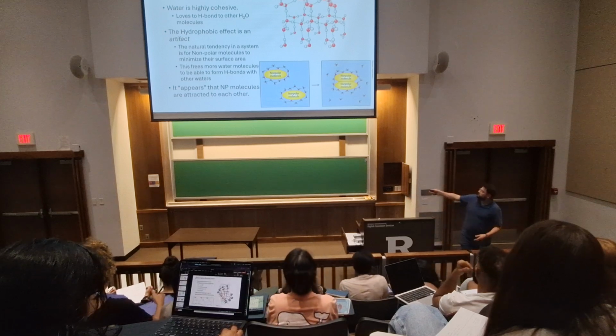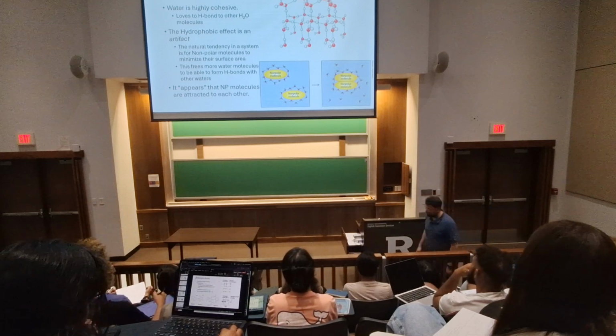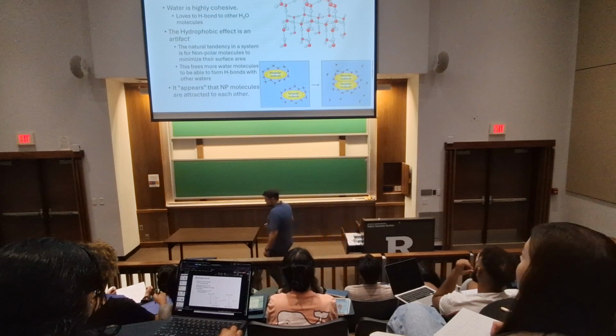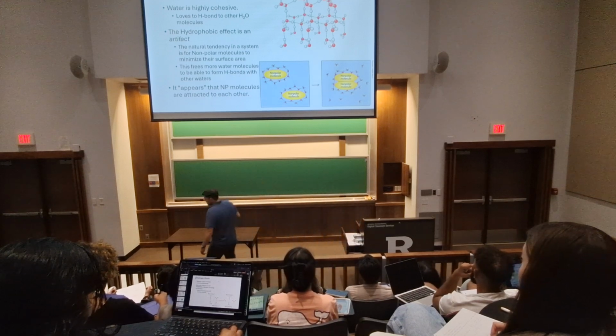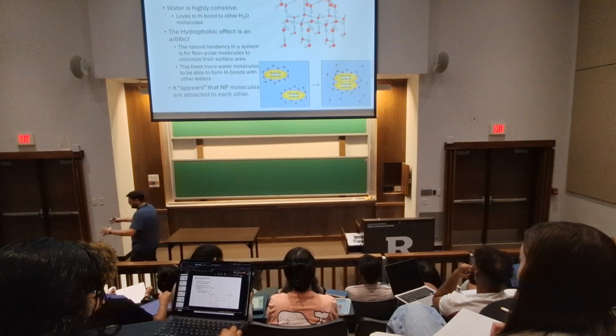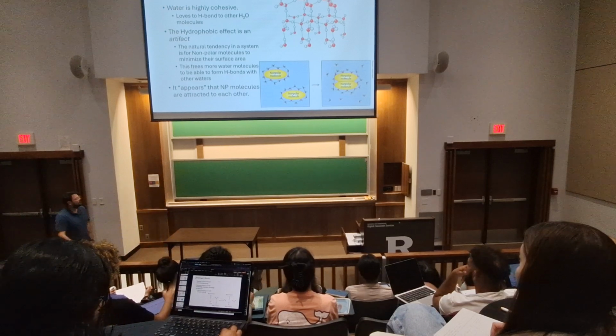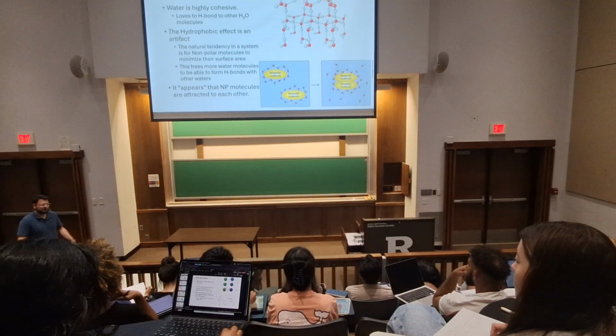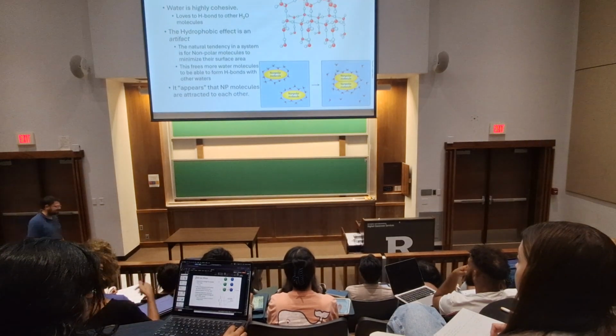So, what happens now when we drop this nonpolar molecule or this oil droplet into the water? Well, it can't form these hydrogen bonds anymore, so these water molecules are very unhappy and end up forming this kind of cage around this nonpolar molecule. These are ordered. They can't form as many hydrogen bonds, so this is not the lowest energy state the system can be in.